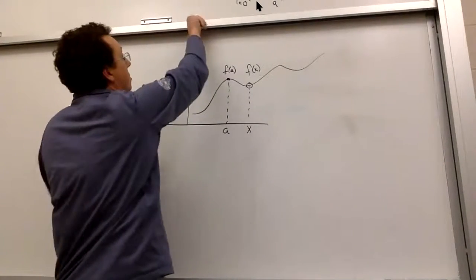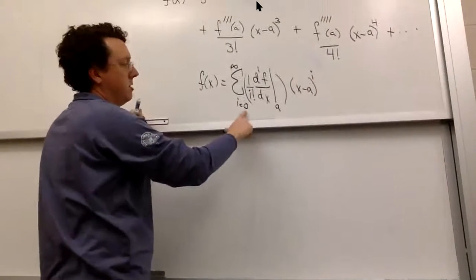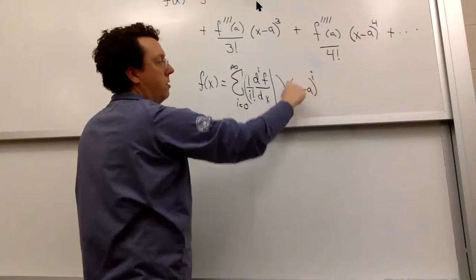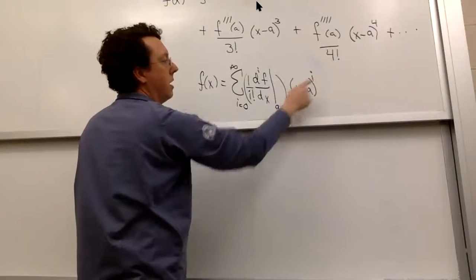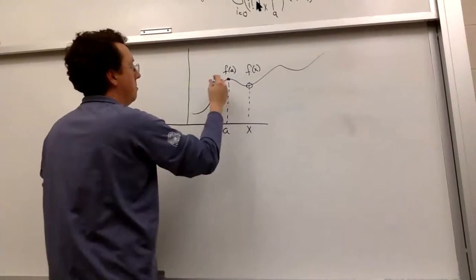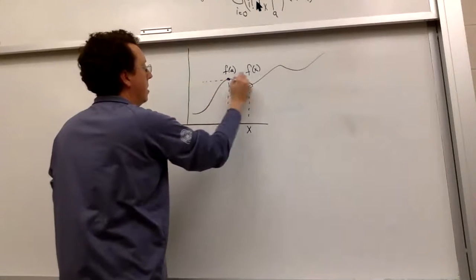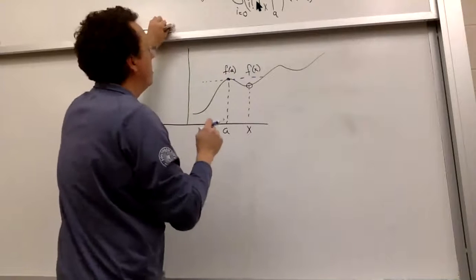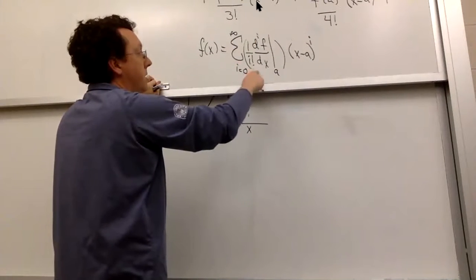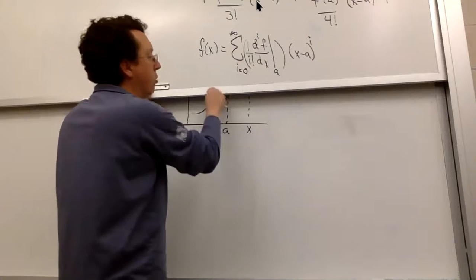So the first term, the 0th term, would give you just a constant because you had i equals 0. So the first term builds up a constant, and then the next term builds up the effect of any slope.